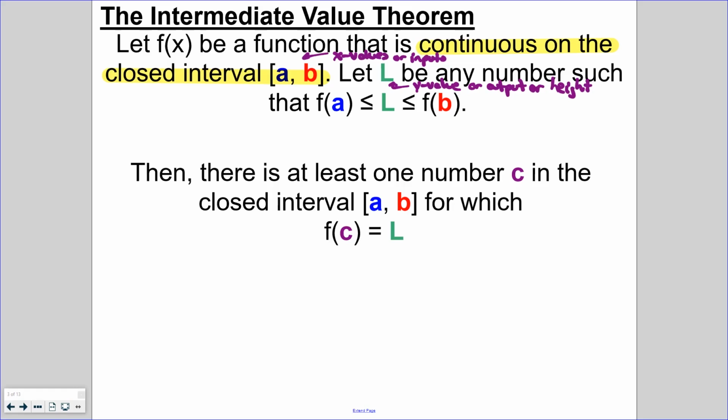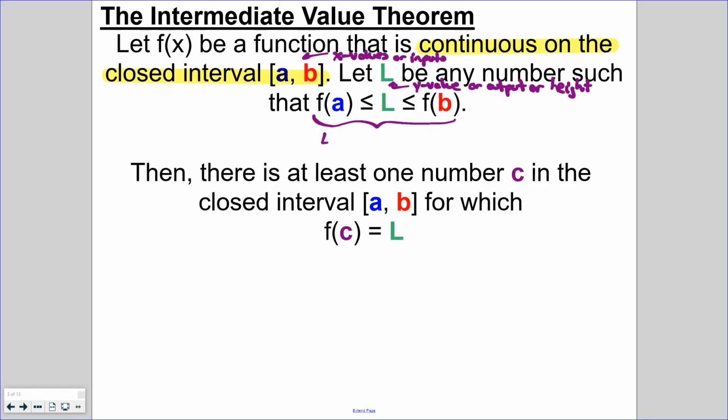And then L has to be in between f of a and f of b. And that's what this compound inequality here says. Please don't think that L has to be greater than f of a and less than f of b. This is just the notation we use.